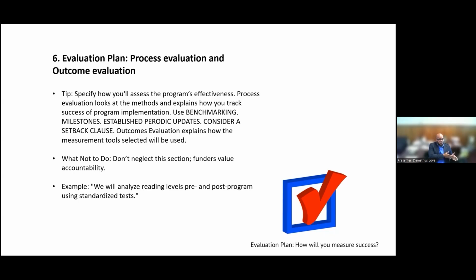Your benchmark is, to get to my milestone, every month I will have increased at least 5%. So every month, when you're providing your reports and meeting with your board, if you have not achieved that 5%, then you've fallen below your benchmark, and you need to put some type of corrective actions in place.